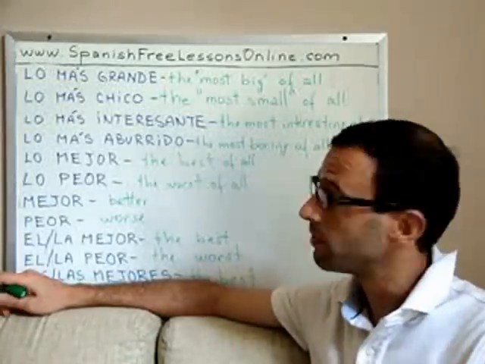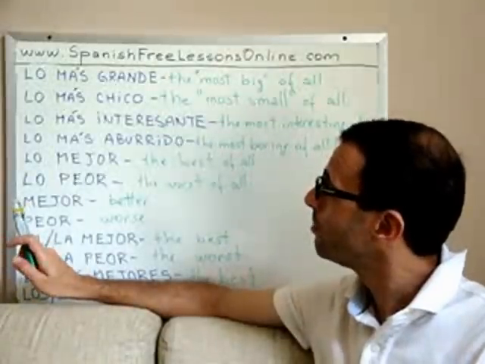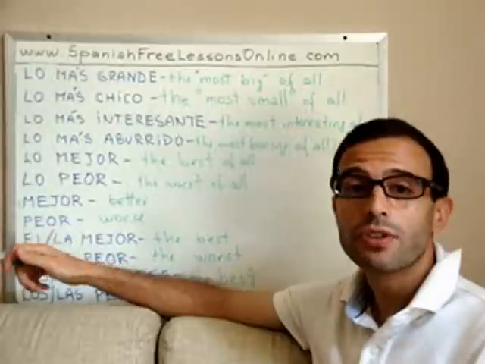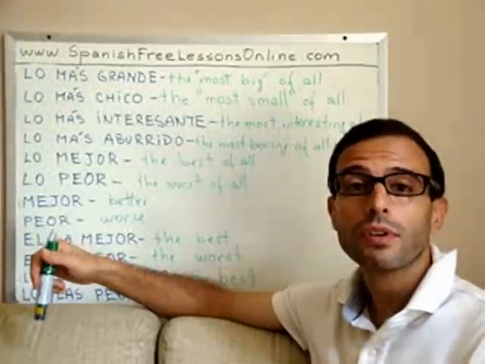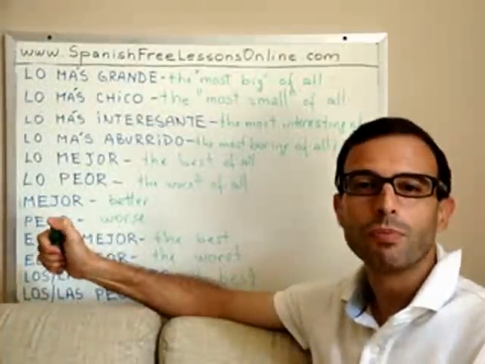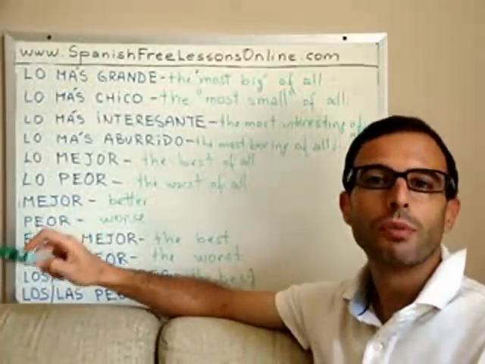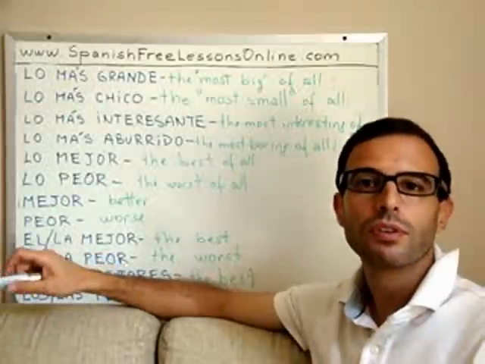In this lesson, we will continue the same topic we were on last time. In our previous lesson, we had been seeing comparisons and superlatives, right? Bigger, smaller, the biggest, the smallest.